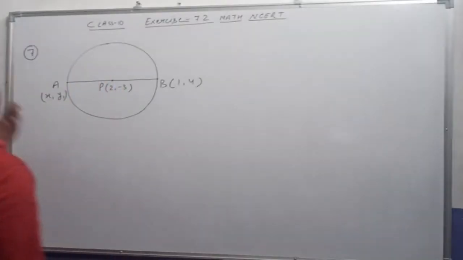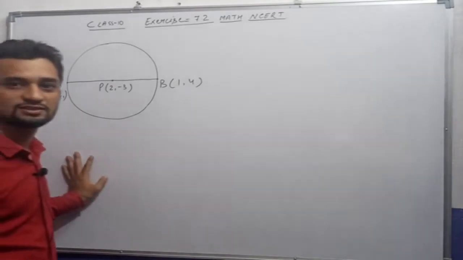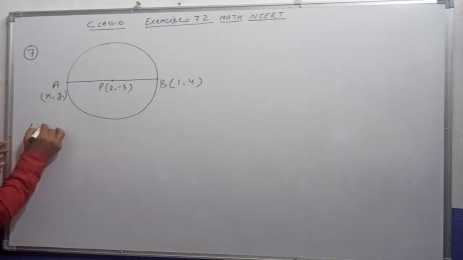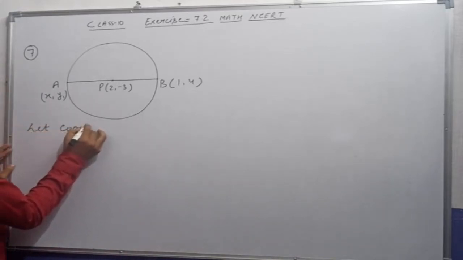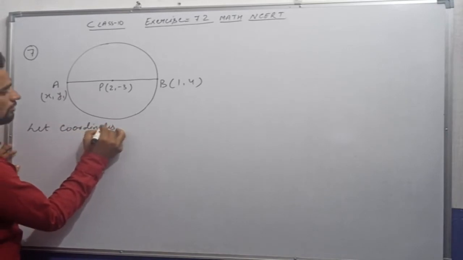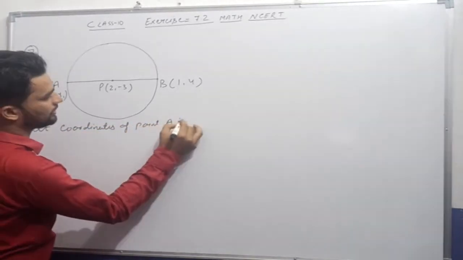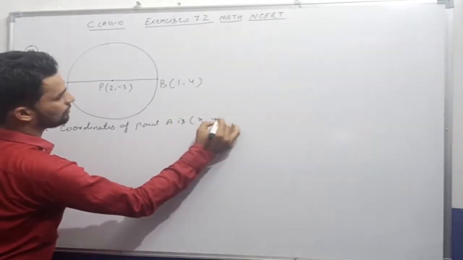Now we have taken question number 7 of the same exercise. Find the coordinates of point A, where AB is a diameter of a circle whose center is (2, -3) and B is (1, 4). So let the coordinates of point A be x1, y1.